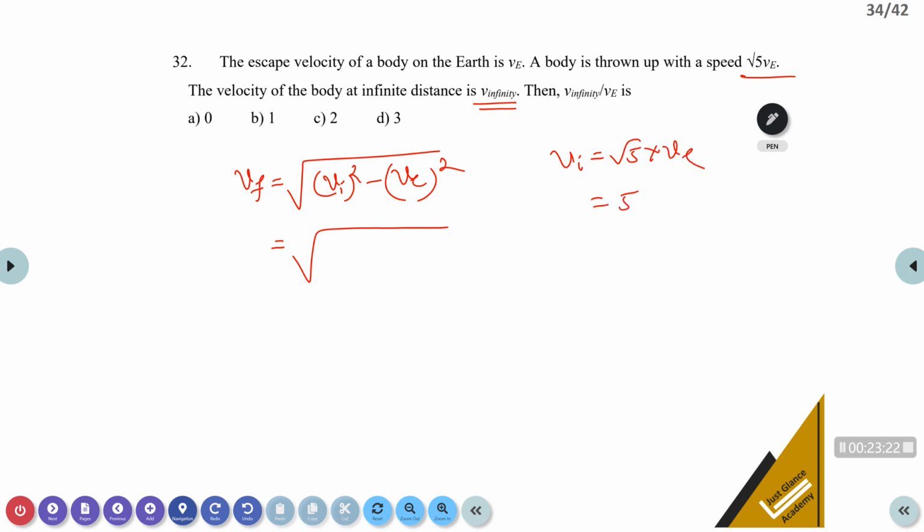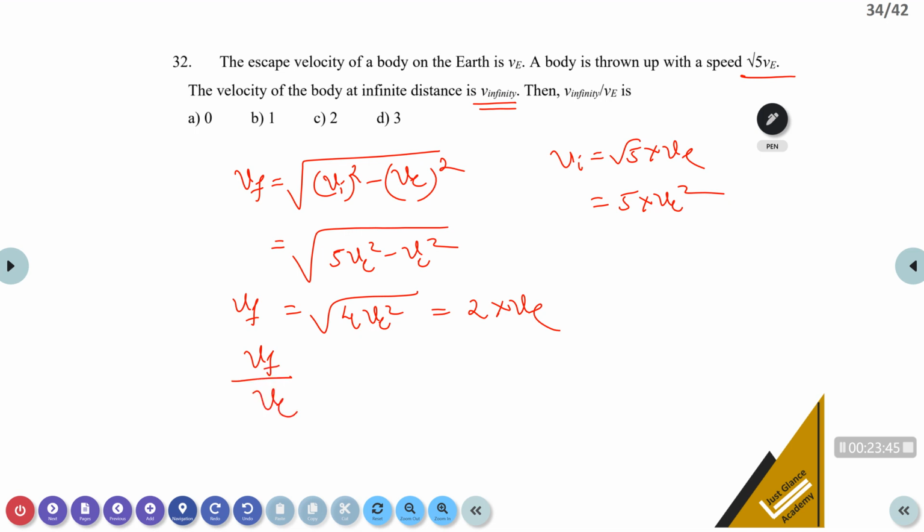VE square, so that 5 VE square minus VE square. Square root of 4 VE square equal to 2 into what? VE. So that V final divided by VE equal to 2. Final is nothing but infinity. You can write V infinity divided by VE equal to what? 2. This is the right choice.